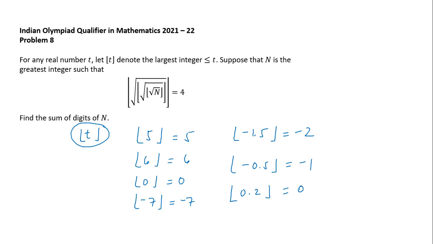Now let's have the solution to the nested floor equation with this idea. So how do we approach this problem? Take note that the expression on the left side is equal to 4. So it means that this expression inside is between 4 and 5.